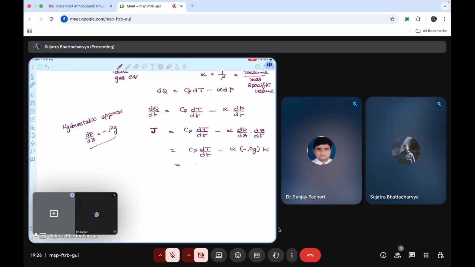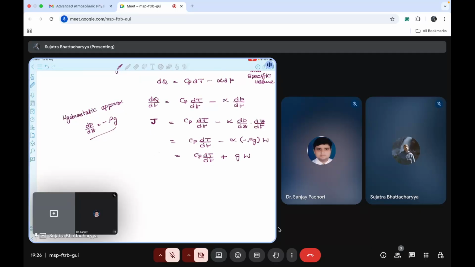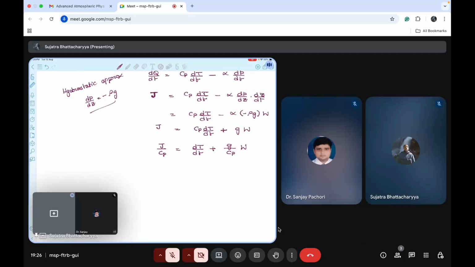If you do this, you get Cp dT/dt, and minus minus gives you plus alpha times rho, which is 1, so it will be g times w. Now we divide by Cp on both sides, so you get dT/dt plus g/Cp times w. In thermodynamics, this g/Cp is called the dry adiabatic lapse rate.